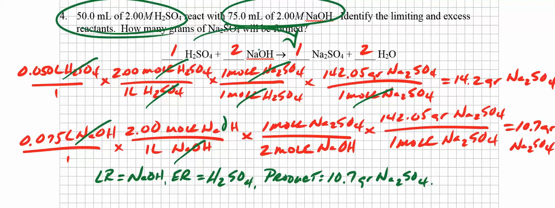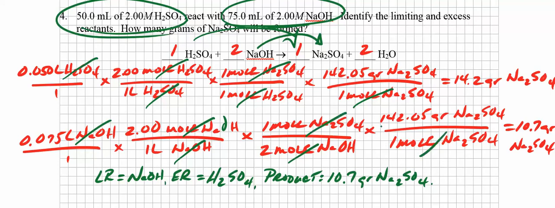It's a 2 to 1 ratio, right? Or I should say 1 to 2. 1 mole of sodium sulfate produced by 2 moles of sodium hydroxide. And that gives me the mole-to-mole bridge that allows me to cancel this with this. I'm left with moles of sodium sulfate. I want to convert that to grams. Again, 142.05 grams per mole. That allows me to cancel that with that, and I'm left with 142.